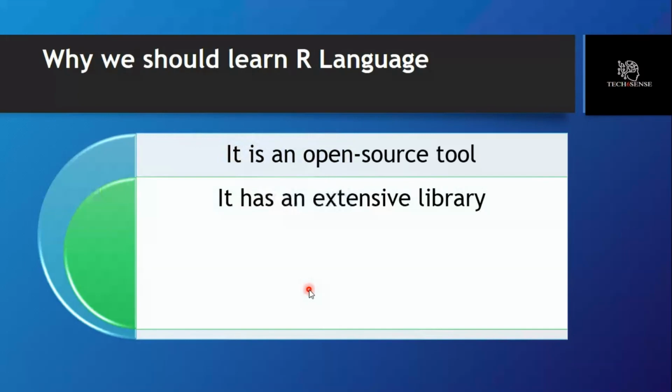So there are different library files also available. We just have to install the library file, and if any problem happens in our library file, definitely we have our community. Over here you just put your problem and they will help you. So there is no extra headache you have to take.